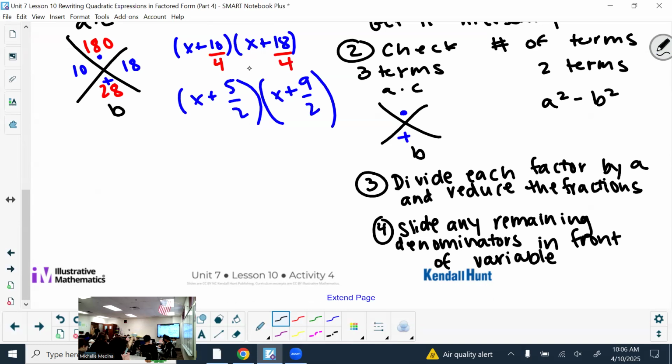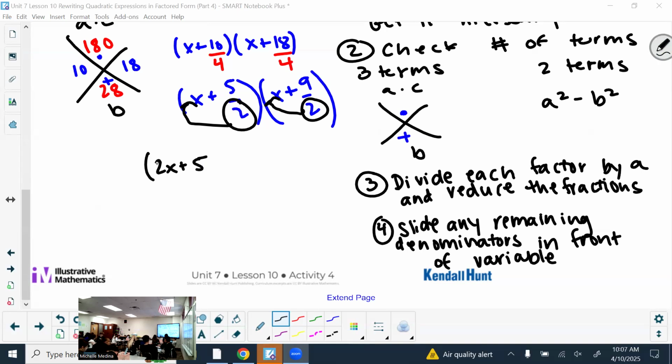So like for this one, I reduce the fractions to this. After reducing the fractions, any denominators that remain, we're gonna rewrite in front of the x. So we're sliding it in front. So you can think of it as slide, divide, slide. And our final factored form ends up being 2x plus 5 and 2x plus 9.